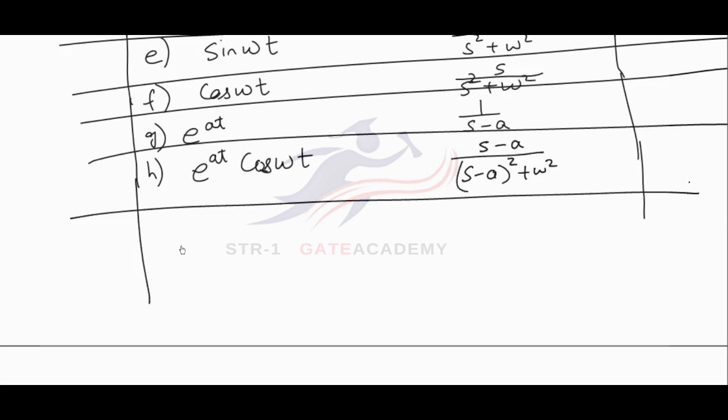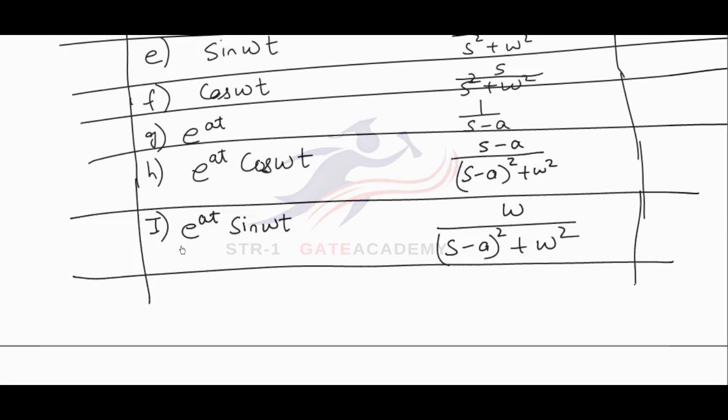Similarly, if we do e raised to at into sine omega t, this will normally be sine, so we will keep omega upon s minus a the whole square plus omega square. This is how you can keep this particular thing, right?